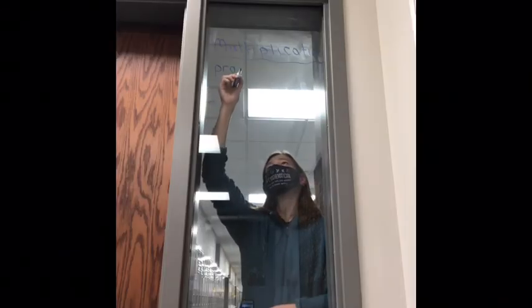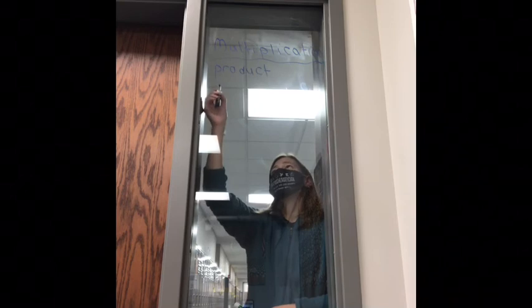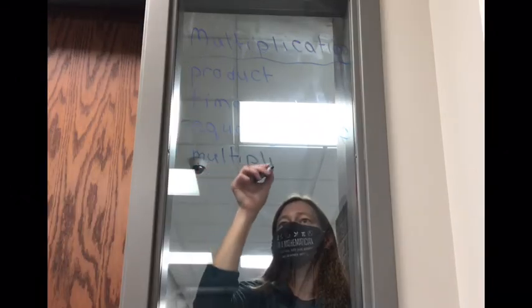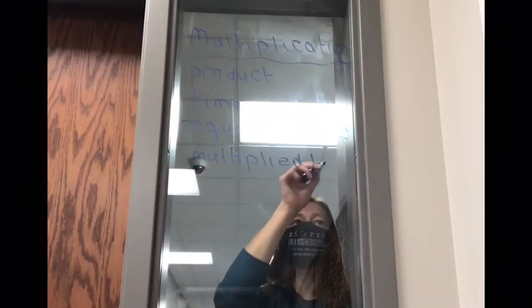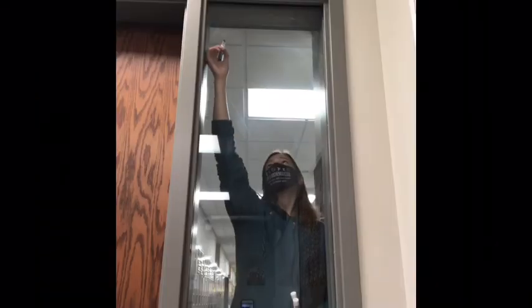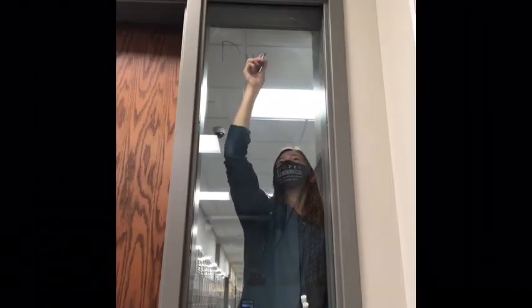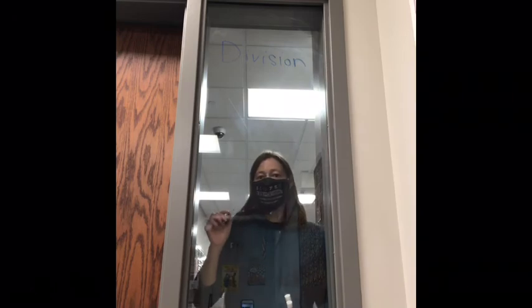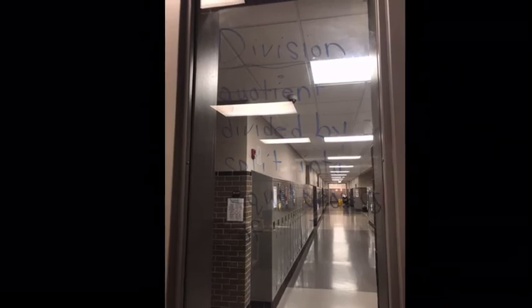For multiplication, we use product, times, equal groups of, and multiplied by. For division, we can use quotient, divided by, or split into equal groups of.